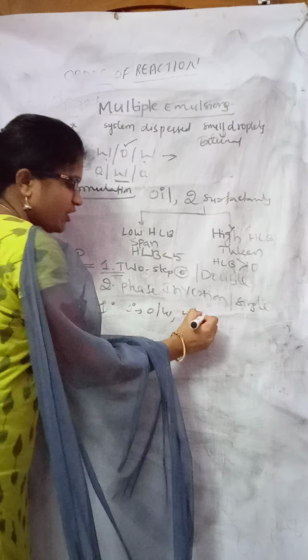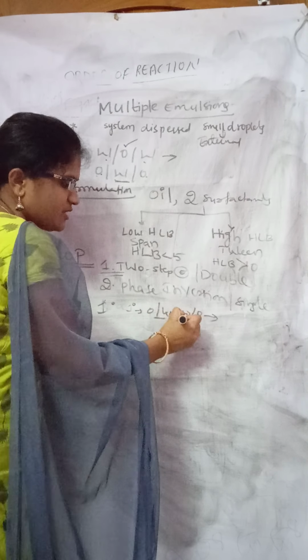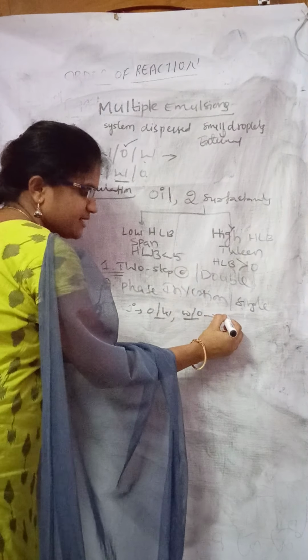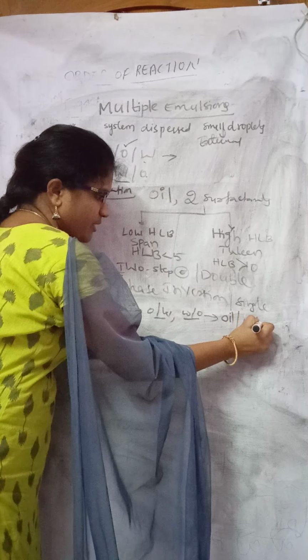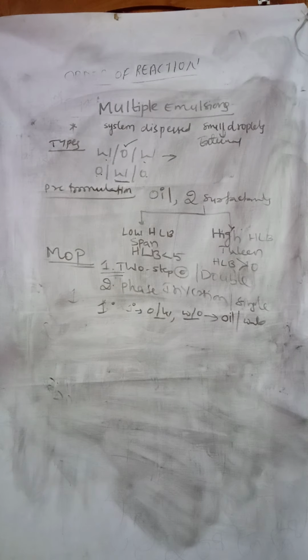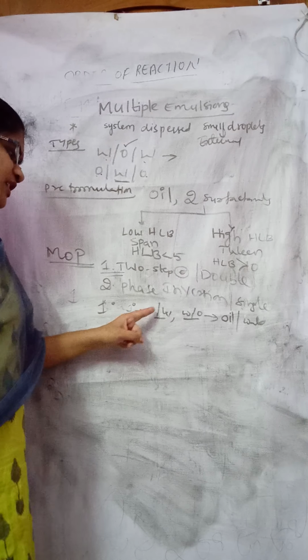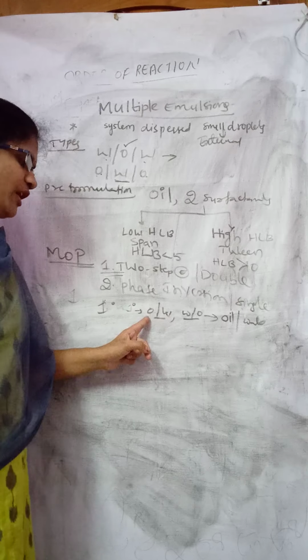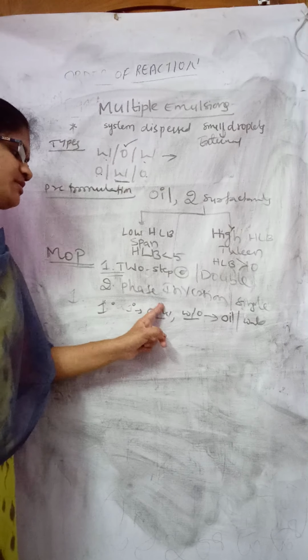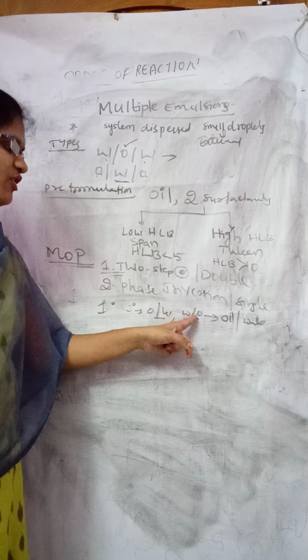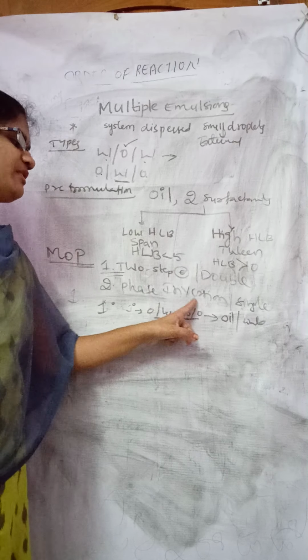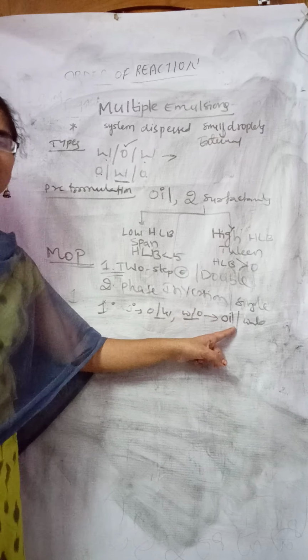Then you re-emulsify this primary emulsion using either excess oil or water, based on your type of emulsion. If it is oil in water in oil type, you re-emulsify this primary emulsion with excess oil. If it is water in oil in water, you emulsify this primary emulsion with water.